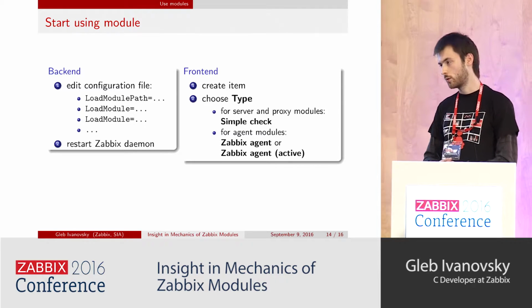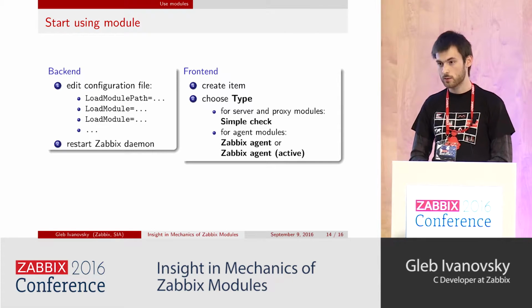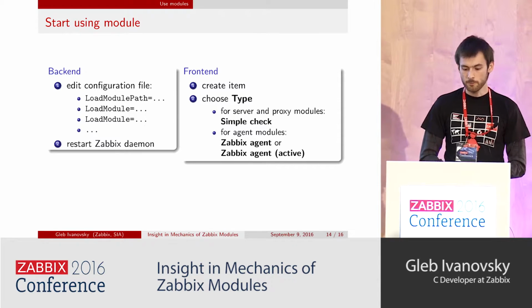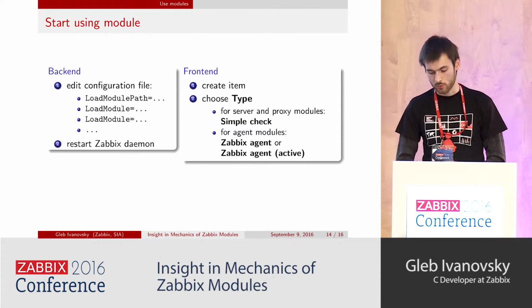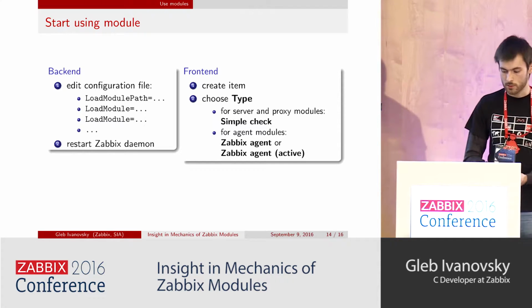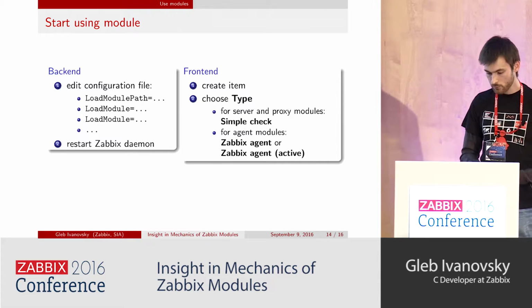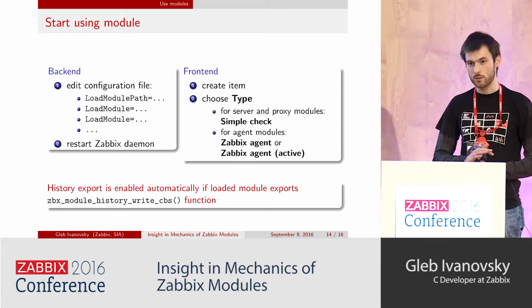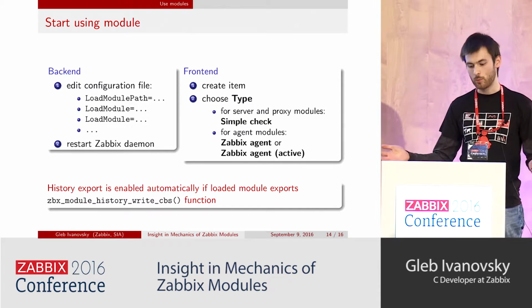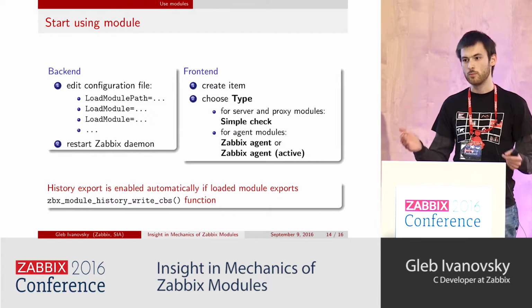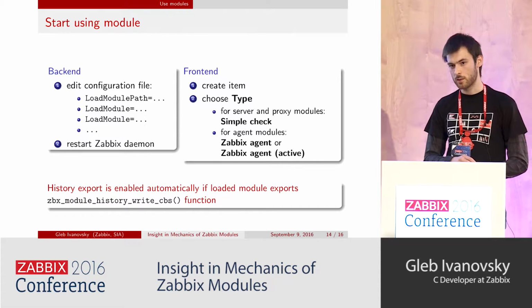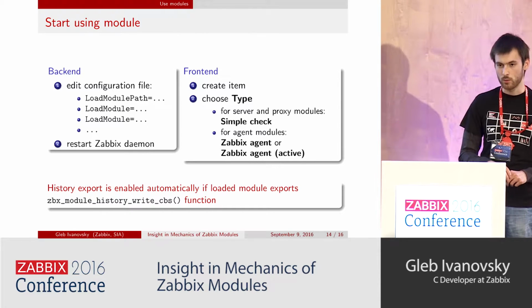If you loaded module for Zabbix server or proxy, you use simple check items. For agent, you need to choose Zabbix agent or Zabbix agent active. And if you implemented history export, you just need to implement this function and callbacks, and it will work automatically. Again, you can load any number of modules, and Zabbix will share history data with all of them.